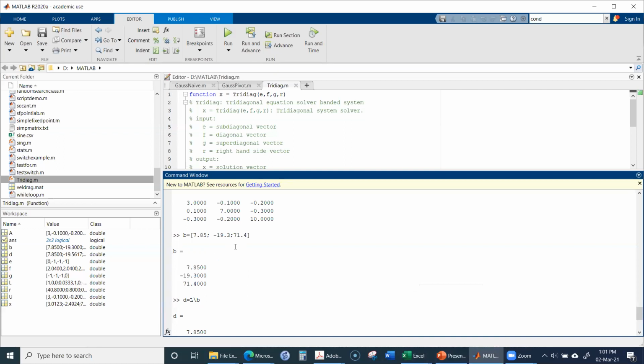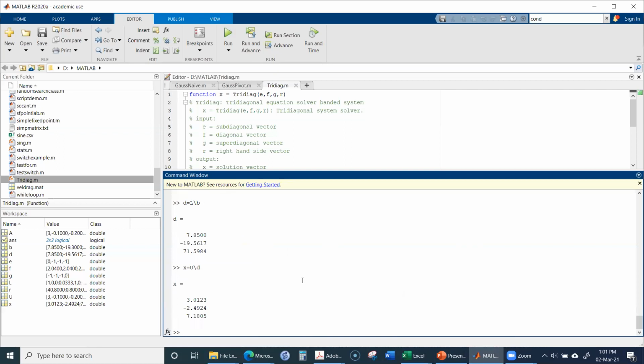And the matrix A: 3, minus 0.1, minus 0.2; 0.1, 7, minus 0.3; 0.3, minus 0.2 and 10.